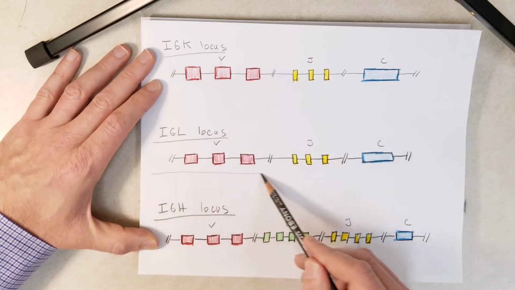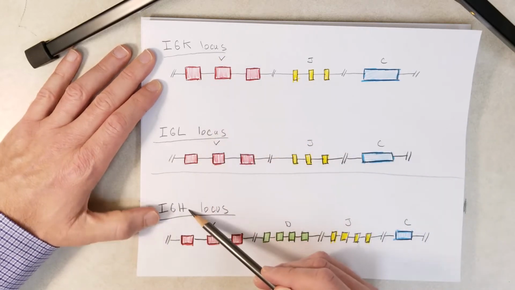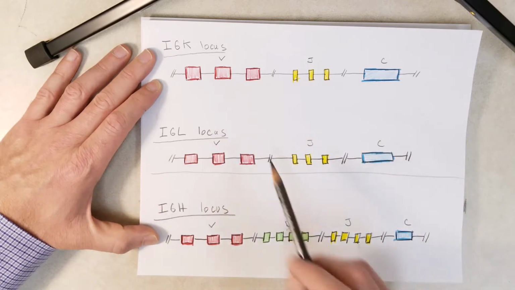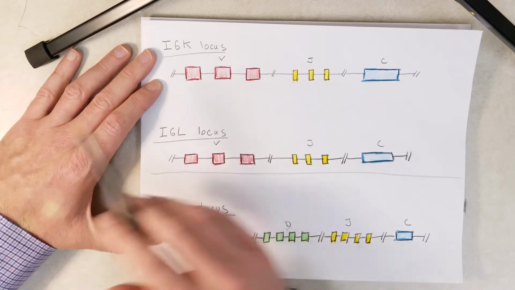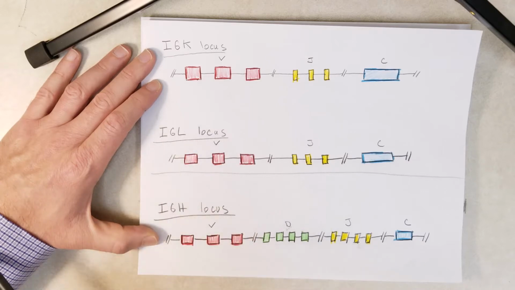Now, IgK and IgL are different from IgH in that they don't have the D segments down here. So for IgK and IgL, it's a single recombination event involving joining a V to a J. Same thing for L, one of the V's to one of the J's.